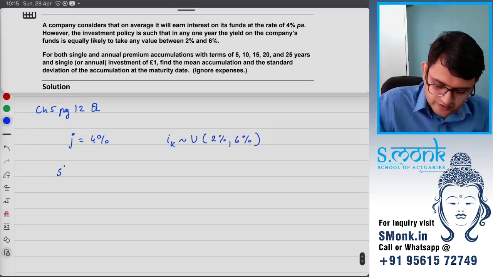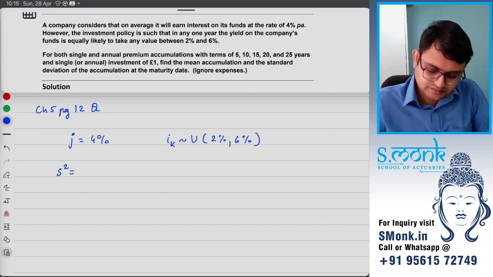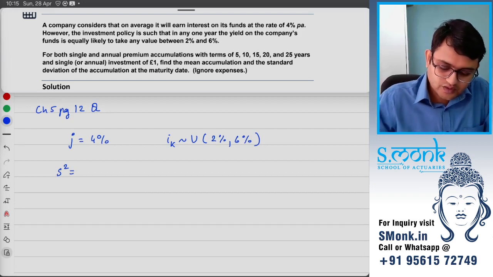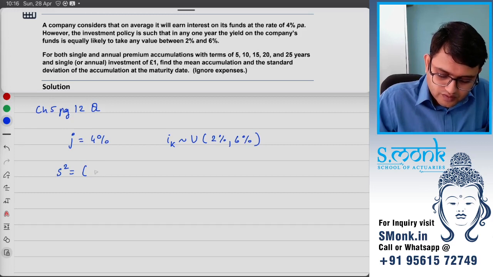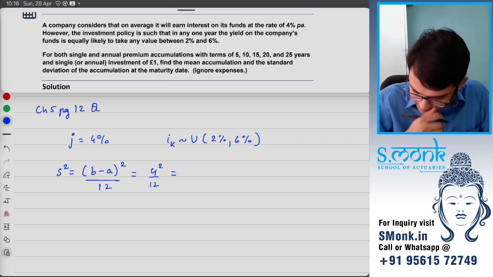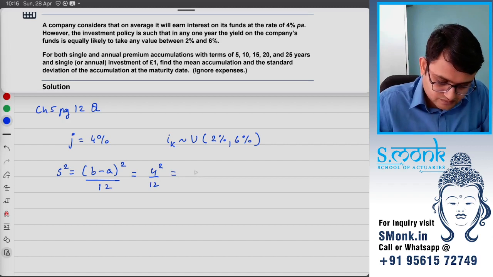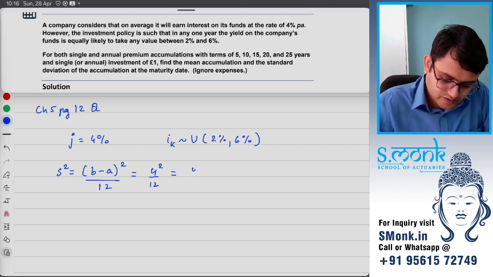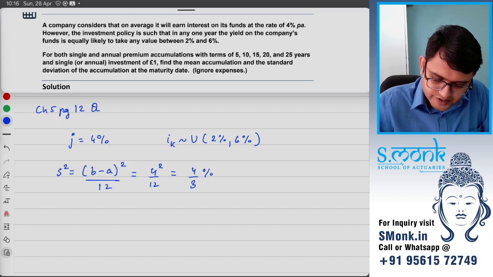Using that, we can calculate s square. For uniform distribution, it would be (b minus a) square by 12. So that would be 4 square by 12. So 4 by 3 percentage.